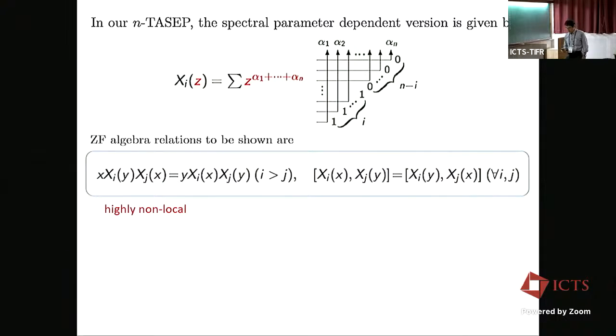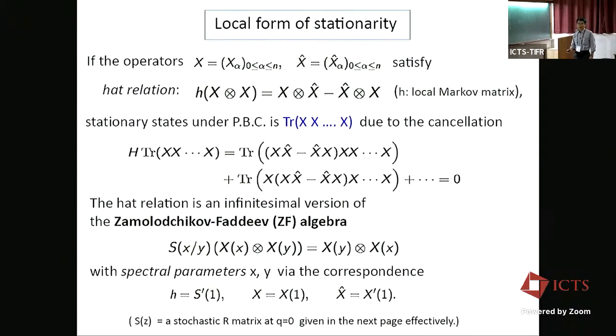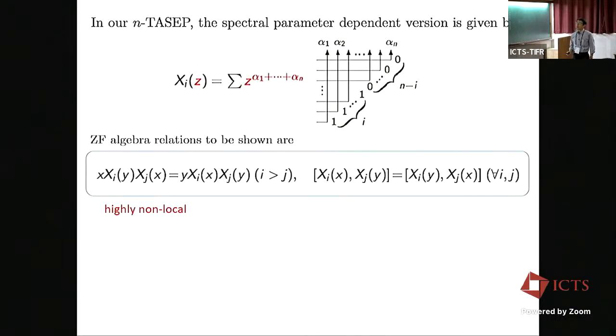Now, our task is to prove the ZF algebra, which takes this form in our problem. So this effectively gives this information of this guy. So our task is to show this equality for this object, which is very highly non-local and non-trivial.